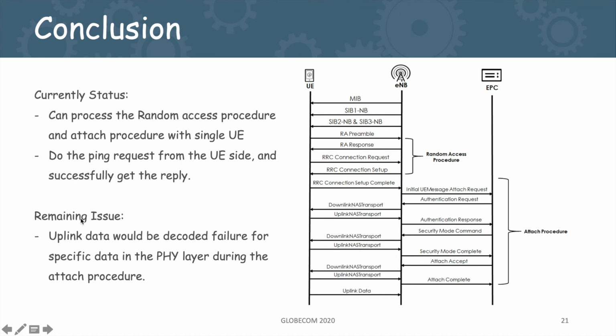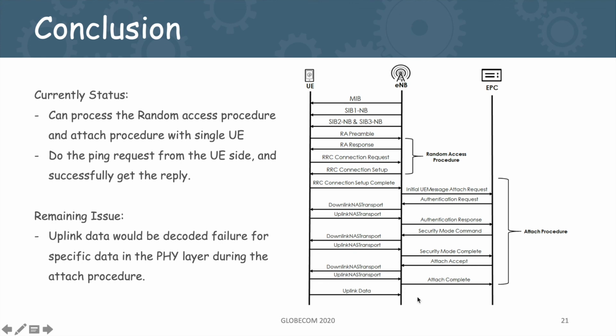But there is a remaining issue in our base station. It's about decoding. During the attach procedure, for all the uplink data transmitted from the UE side, the base station will have a decoded value for specific data bytes.